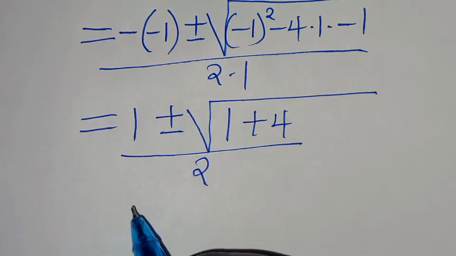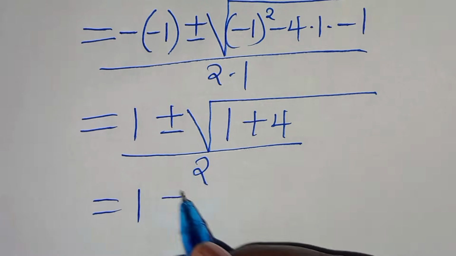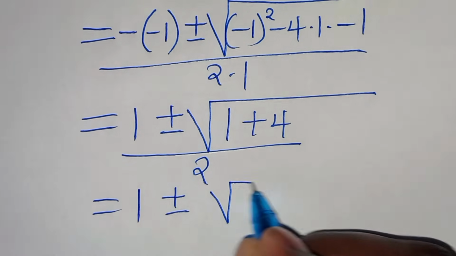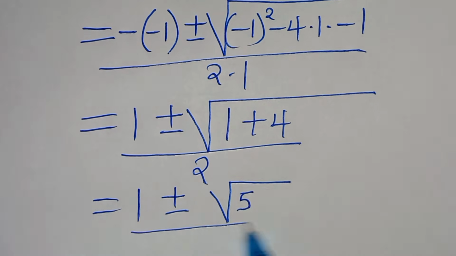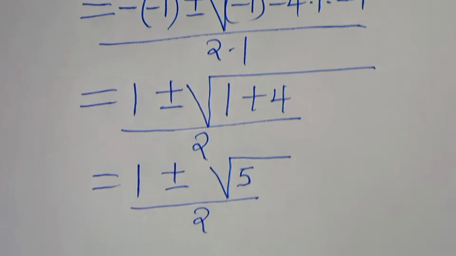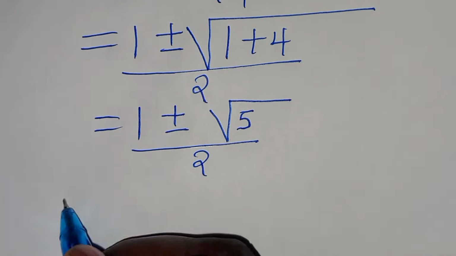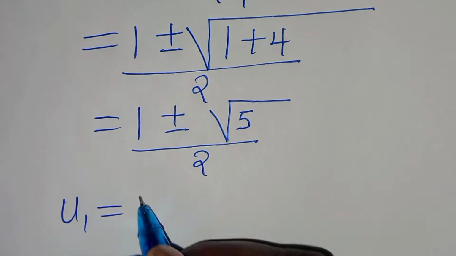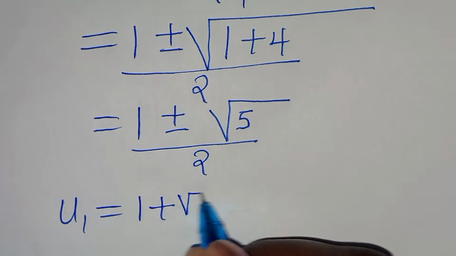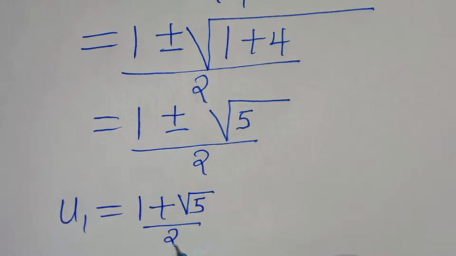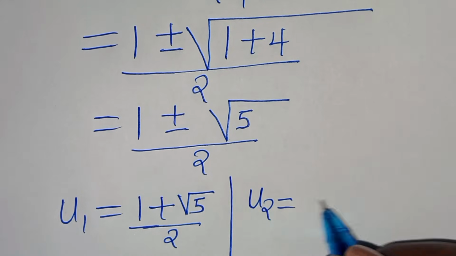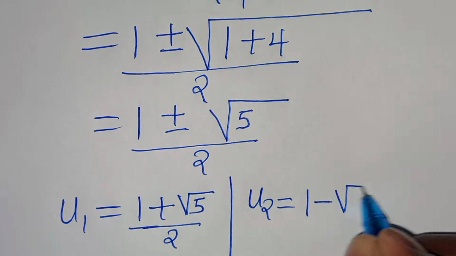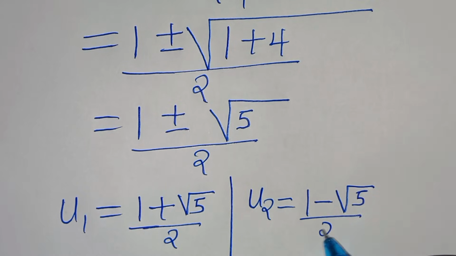So we have 1 plus or minus the square root of 5, divided by 2. So u1 is equal to 1 plus square root of 5 divided by 2, and u2 is equal to 1 minus square root of 5 divided by 2.